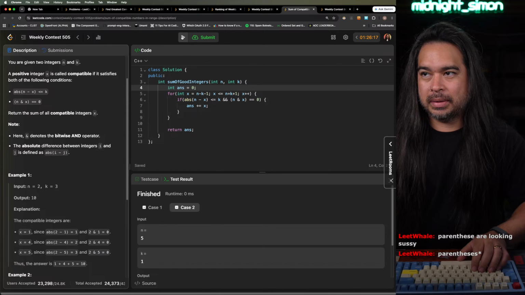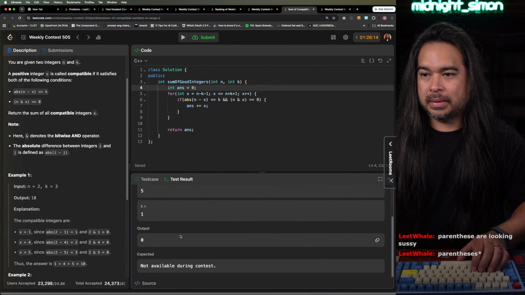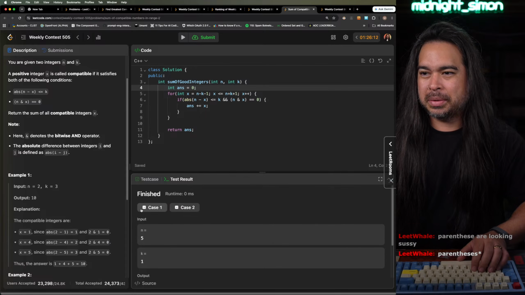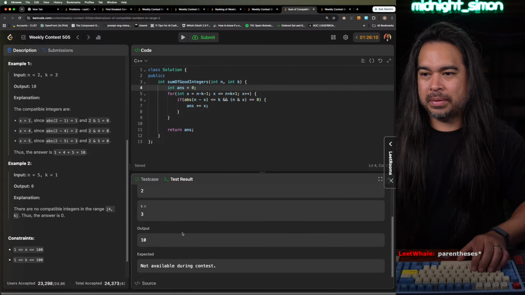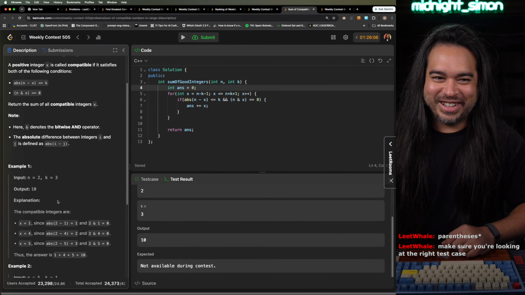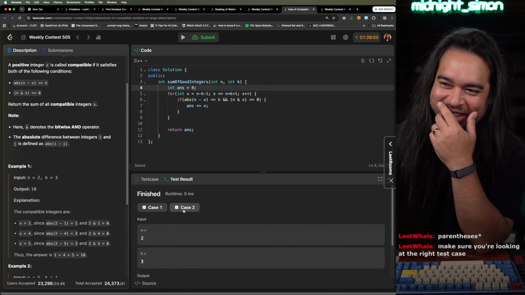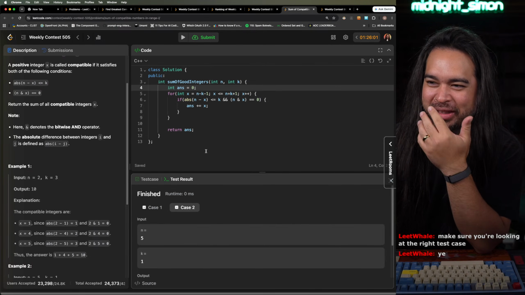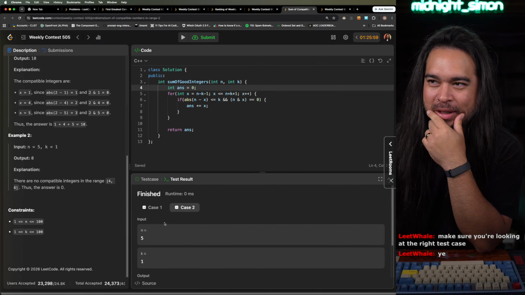I'll put 0. Oh, yeah, example 2 is supposed to, yeah, make sure you're looking at the right test case, Leet Whale. Yeah. Like, what the heck am I looking at here, man?